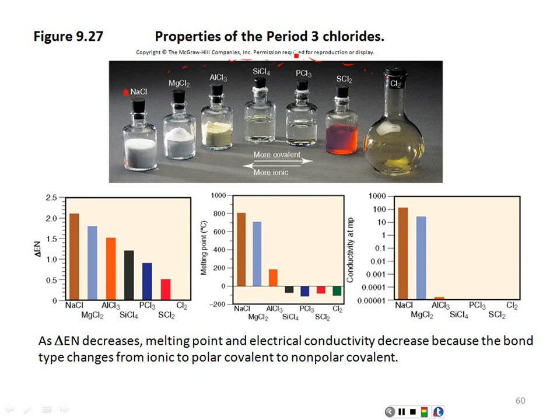And the properties of these, as the difference in electronegativity decreases, the melting point decreases, the electrical conductivity decreases, because the bond type is changing. It's changing from ionic to polar covalent to non-polar covalent. So this change in bond type is reflected in the physical and chemical properties of these compounds.